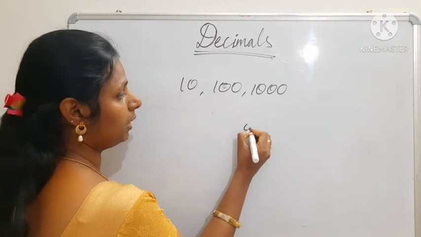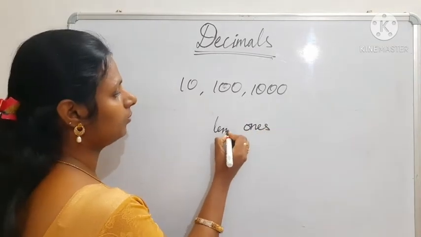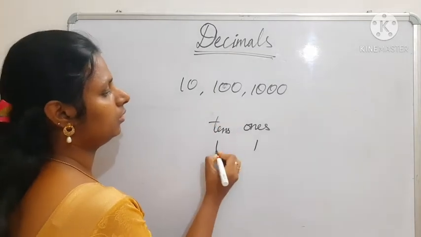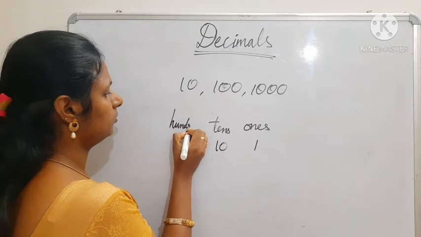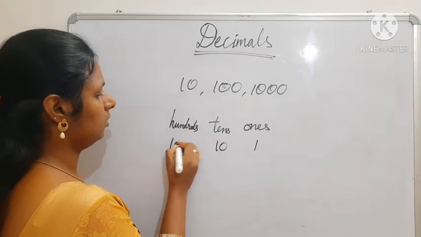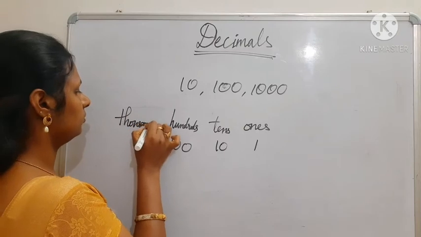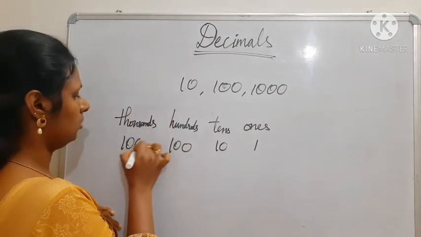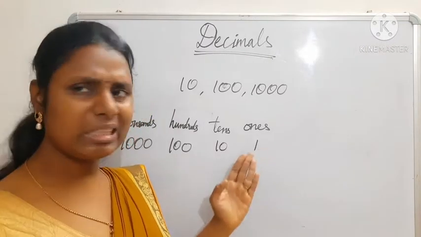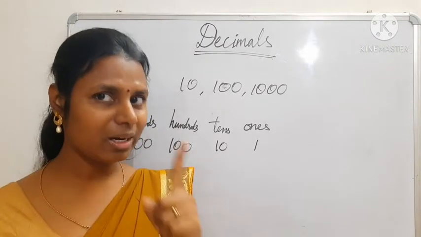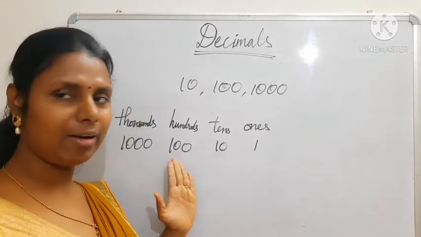What is the first place? Ones, tens, hundreds, thousands, etc. It keeps on moving. This is the place value chart we have learned. So ones, tens, hundreds, thousands.